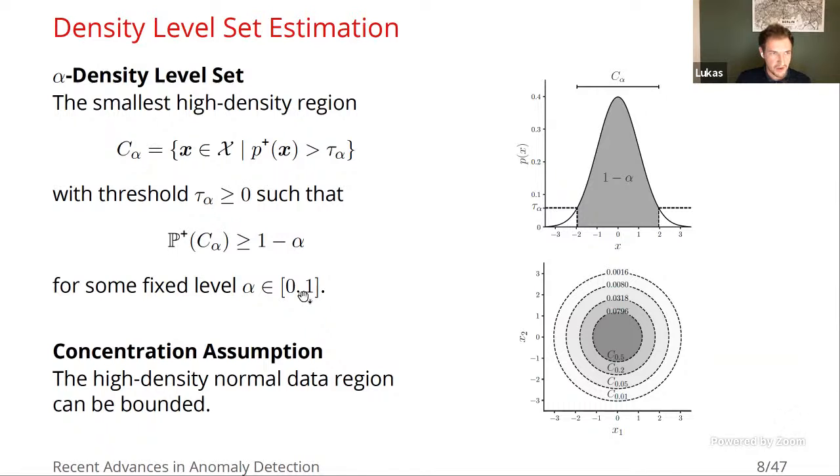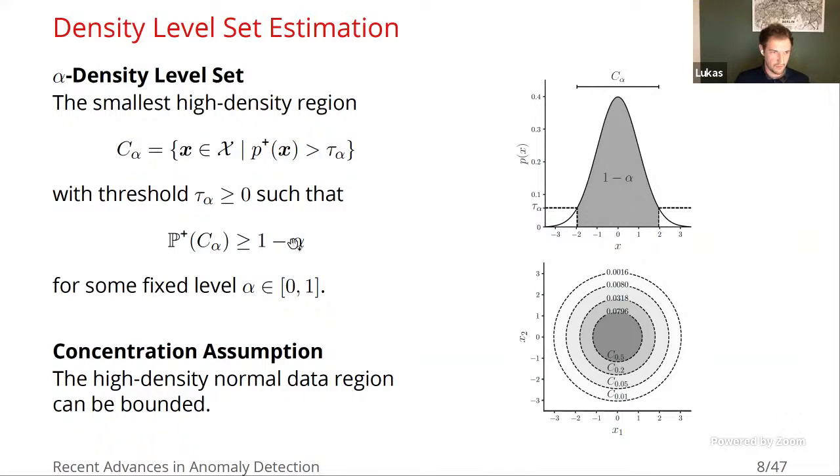So an alpha density level set is defined as the smallest high density region with some threshold tau alpha, such that a minimal amount of probability mass is satisfied.